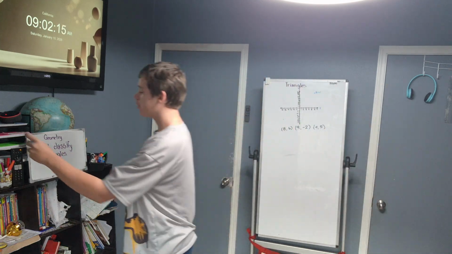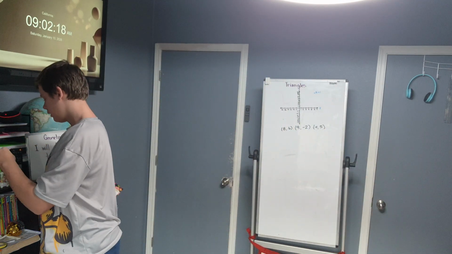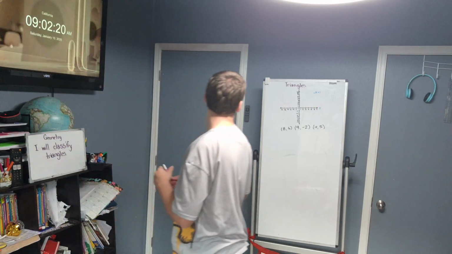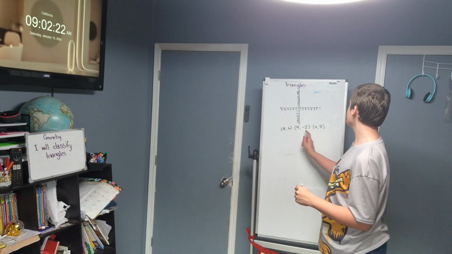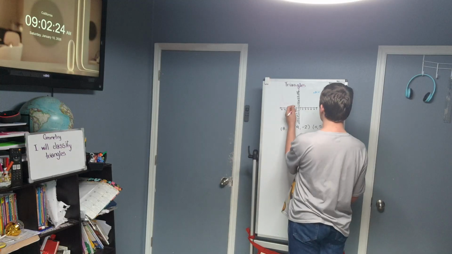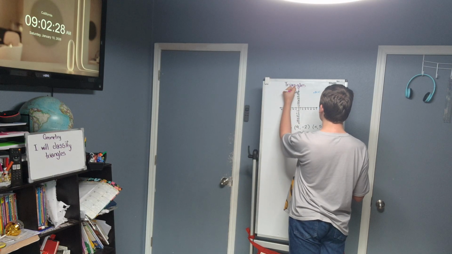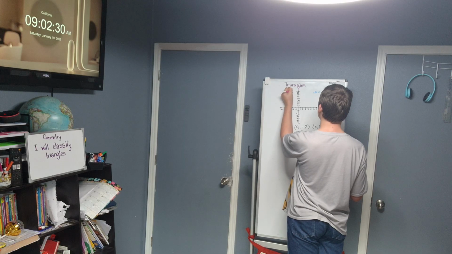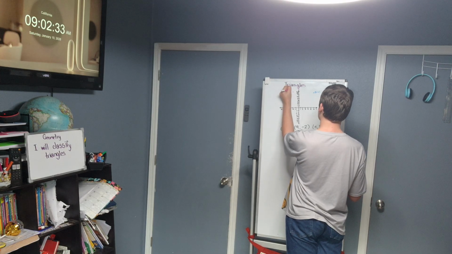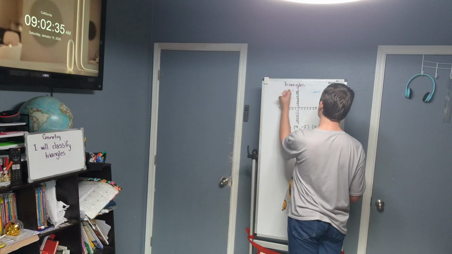Point 2 on our graph, I'm going to use pink. So we have 9, negative 2. So we go up 9, 1, 2, 3, 4, 5, 6, 7, 8, 9. And we go 2 to the left, 1, 2. 9, negative 2. Okay.